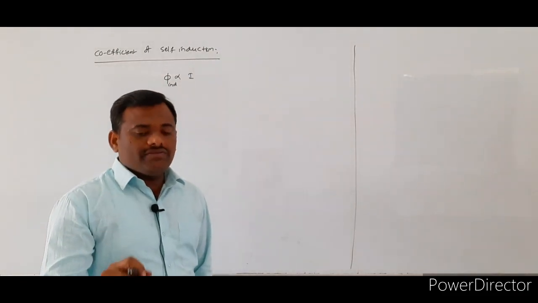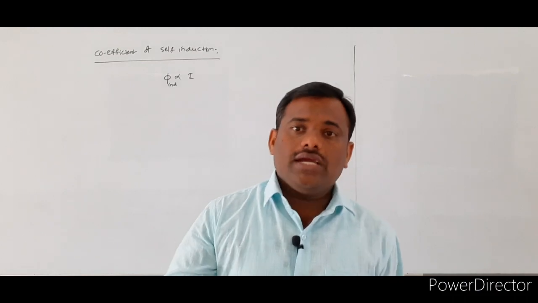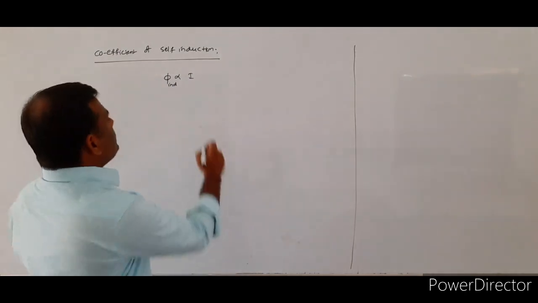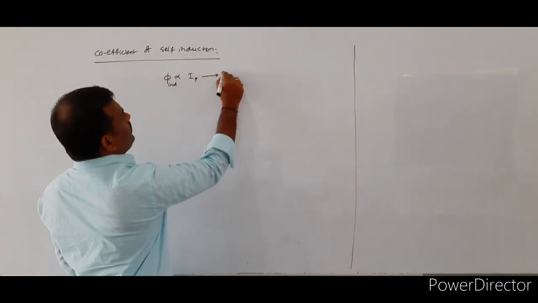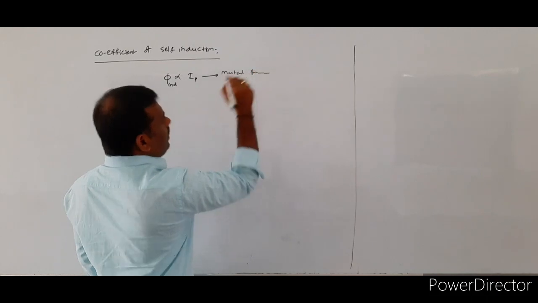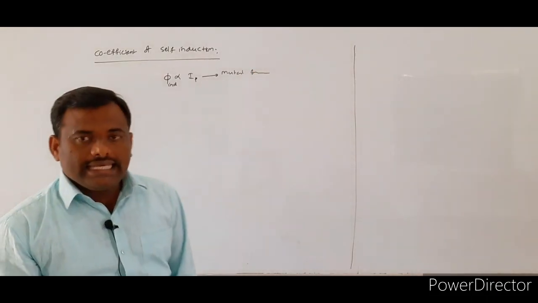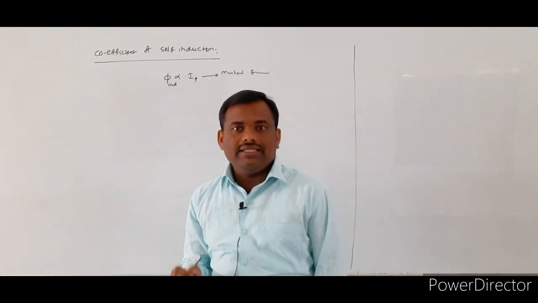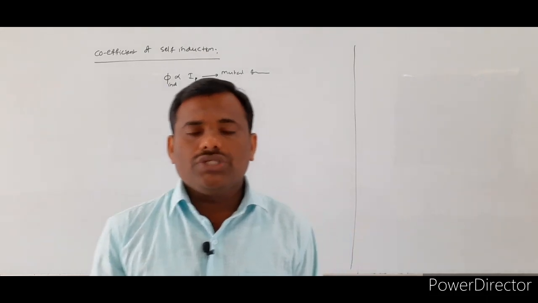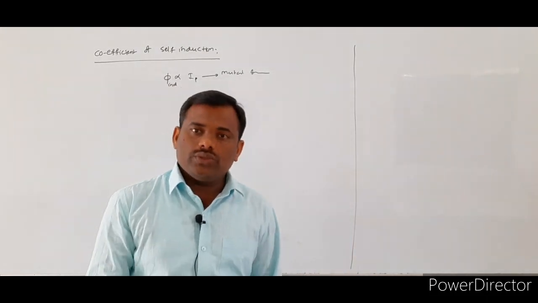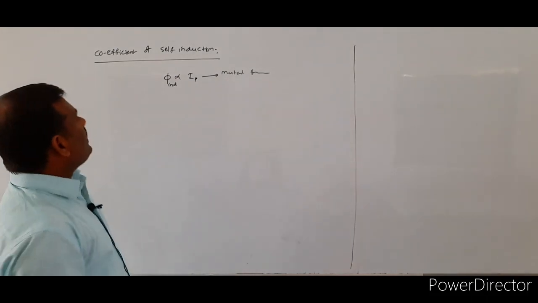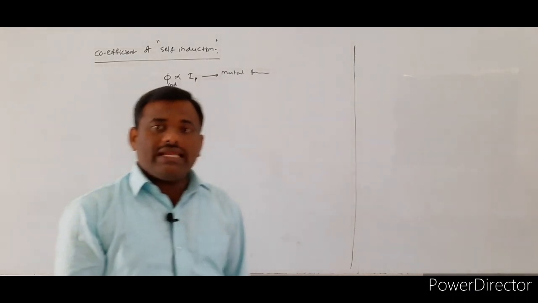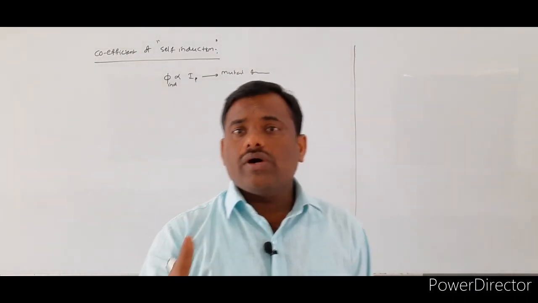The induced flux in the secondary coil is directly proportional to the current flowing through the primary coil. That's what you wrote in mutual induction. But in the case of self-induction, there is no primary coil and no secondary coil. We have only one coil.